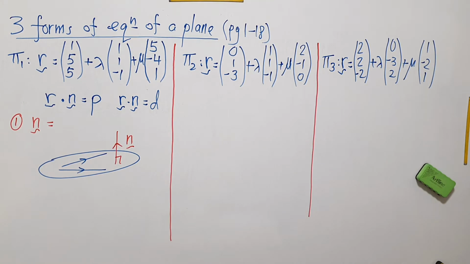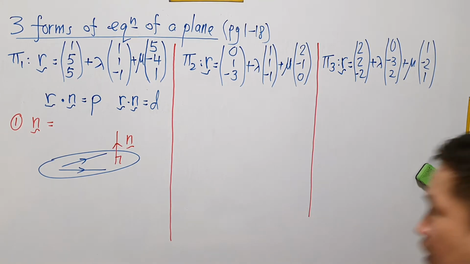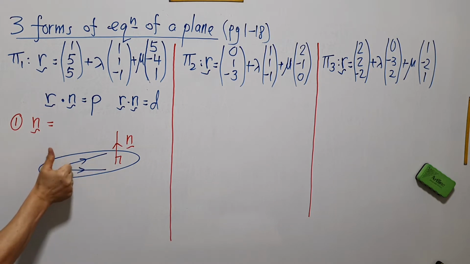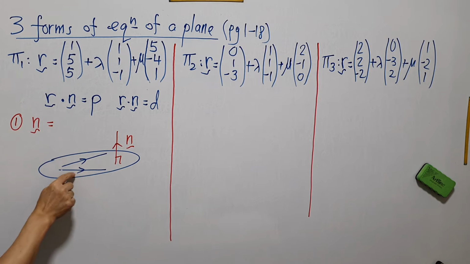If these two vectors are parallel to the plane, then the cross product of these two vectors will give you a third vector that is perpendicular to these two, and therefore perpendicular to the plane.